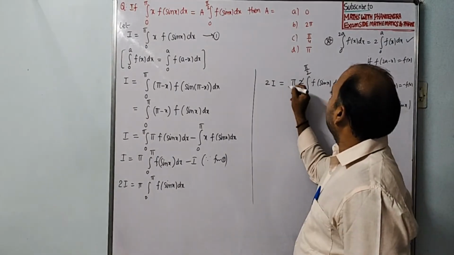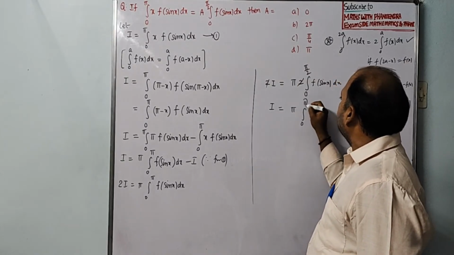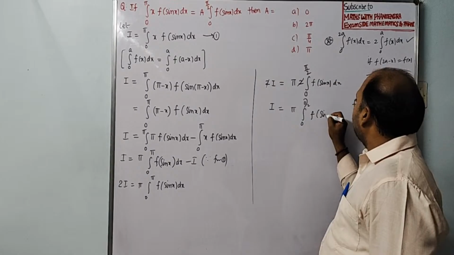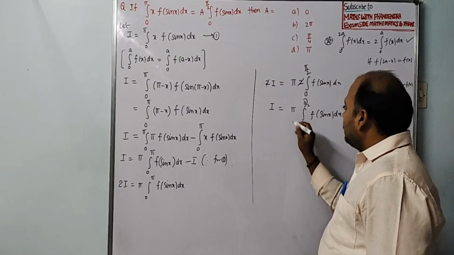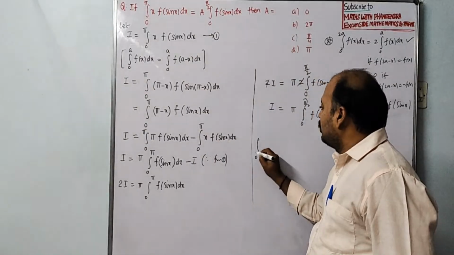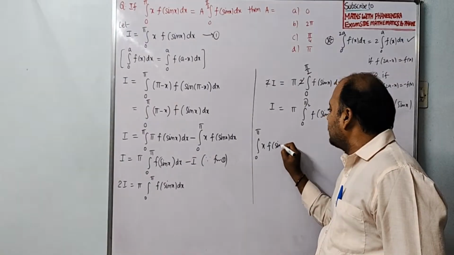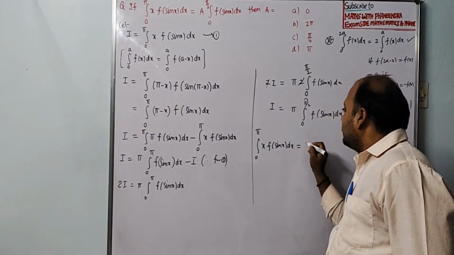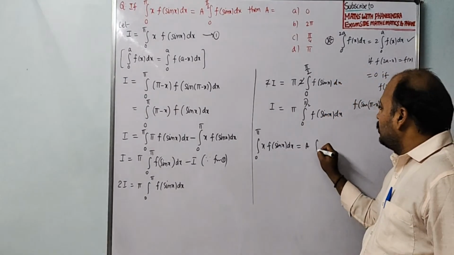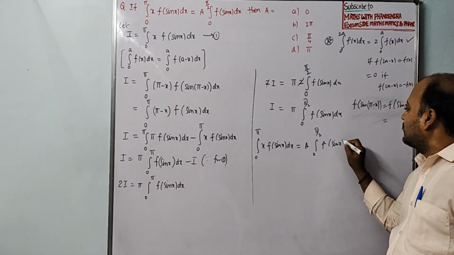So the 2 gets cancelled. I equals pi times the integral from 0 to pi by 2 of f of sin x dx. You have to compare this with this. So I, the integral from 0 to pi of x times f of sin x dx, is equal to a times the integral from 0 to pi by 2 of f of sin x dx.